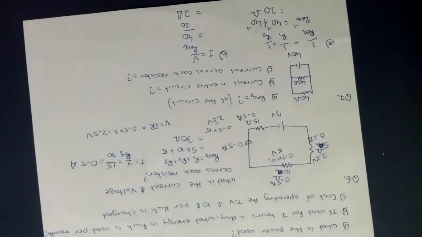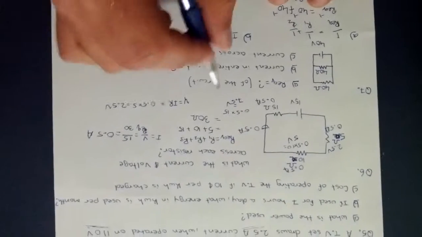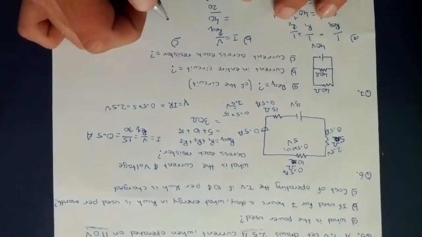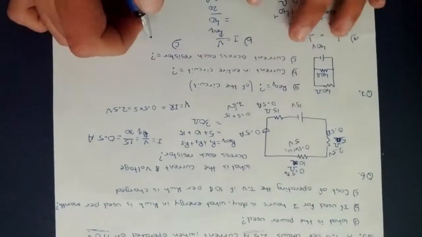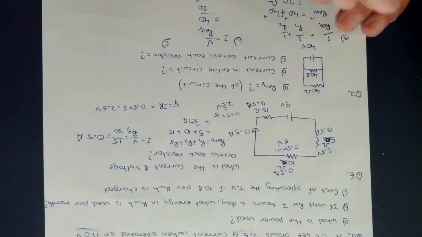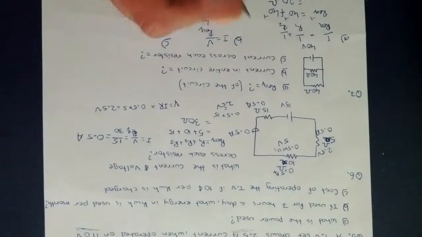And then using that, we can do the rest. So 2 amps is in the entire circuit. The important thing about a parallel circuit is that the voltage remains the same throughout.